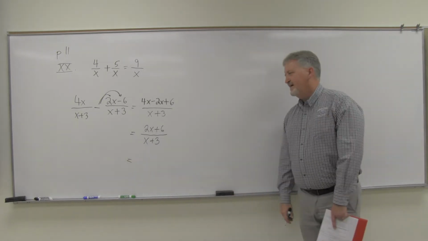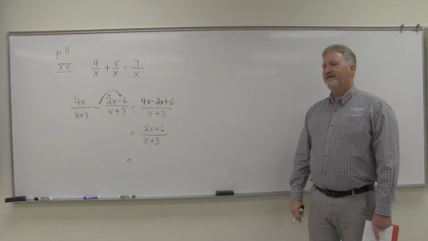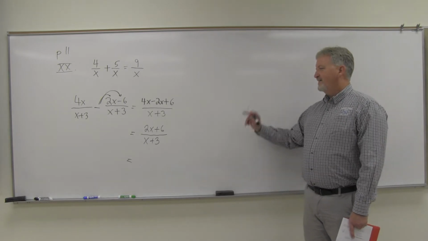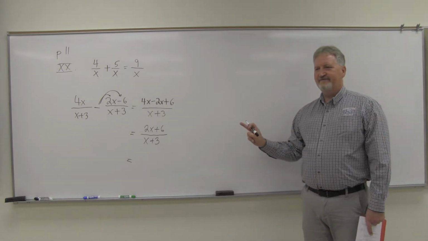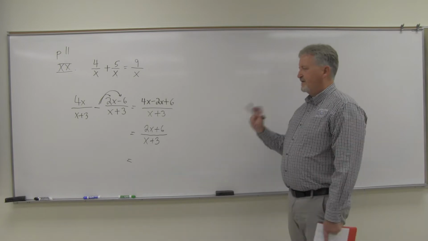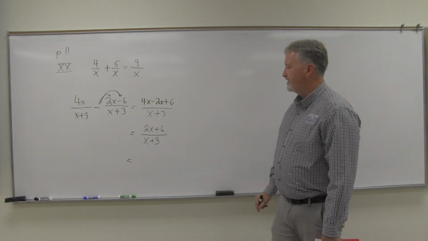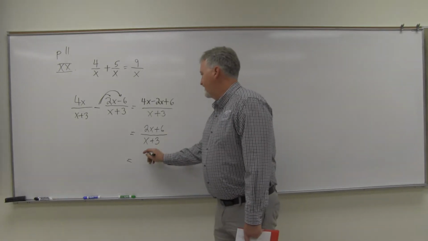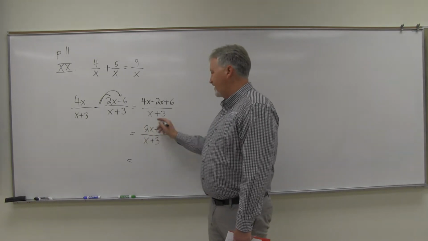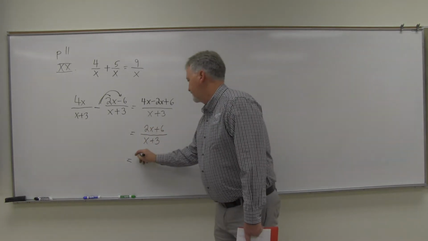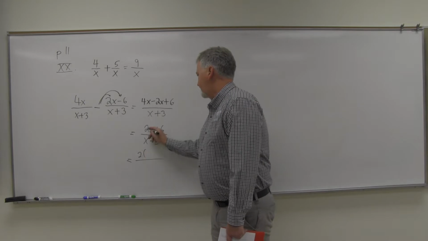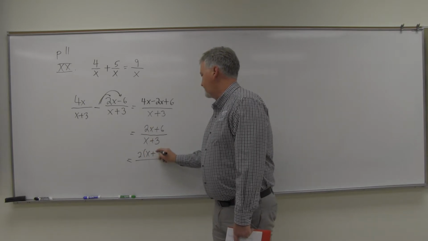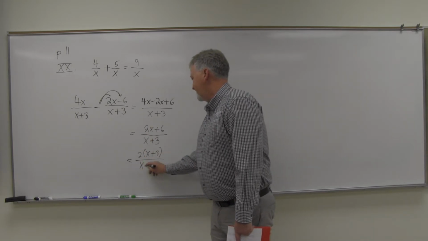Now, the reason we're not done here is because notice the top, we can factor that. And sometimes factoring doesn't do you any good, so you don't have to do it. But here, if we factor the top, what can we do? Factor out a 2, pull out a 2, and that'll leave me parentheses x plus 3. See that?